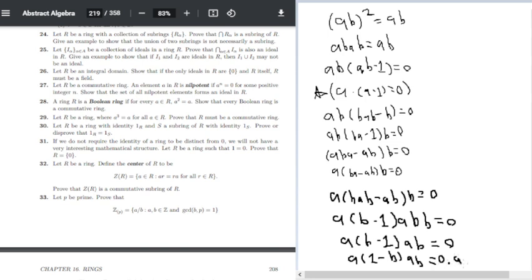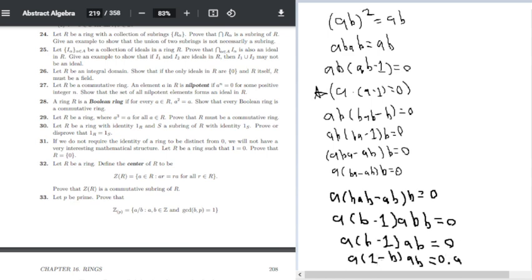So we have that A minus BAB is equal to 0. So we have that A. Wait, is that right? No, it's not. Okay, that explains it.